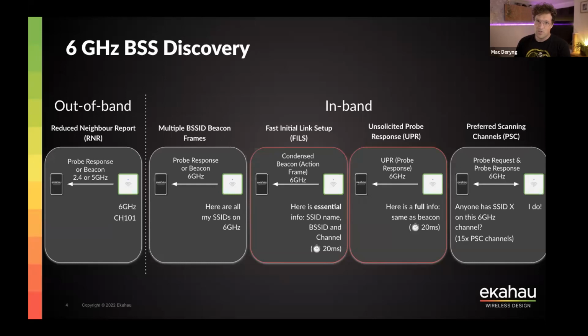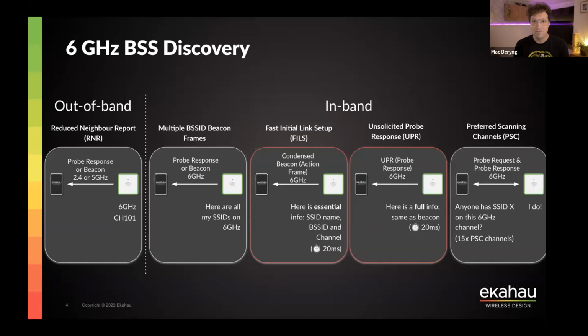So if a client wants to discover a radio on the 5 gigahertz band, it will be scanning the 5 gigahertz band. Easy peasy, lemon squeezy, because we have around 25 channels on 5 gigahertz and around 13 channels on 2.4. But on 6 gigahertz, my friends, it's an entirely different story because at least in the US, we have up to 59 channels.